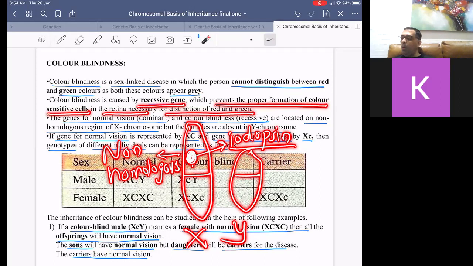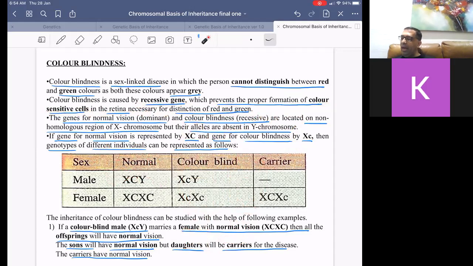If the gene for iodopsin mutates, then iodopsin is not formed properly, and in the cones, the ability to distinguish between red and green color becomes less, and all colors appear gray. So it's a recessive gene.